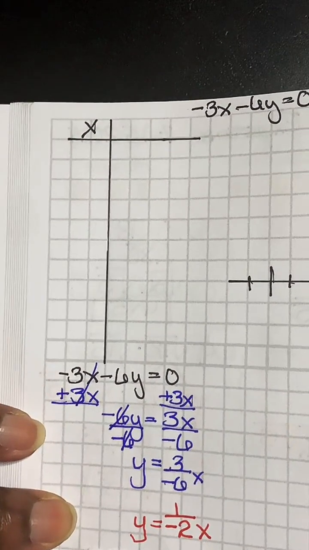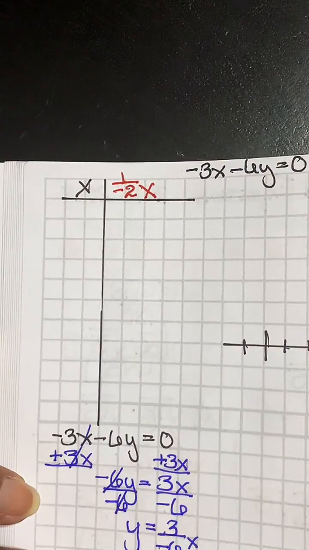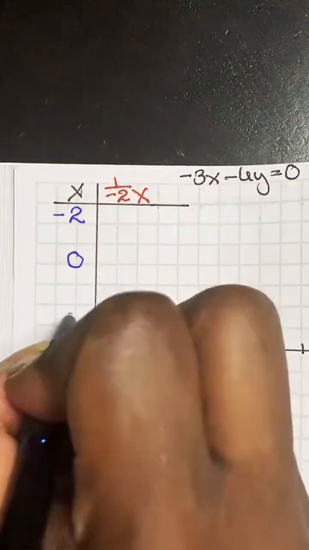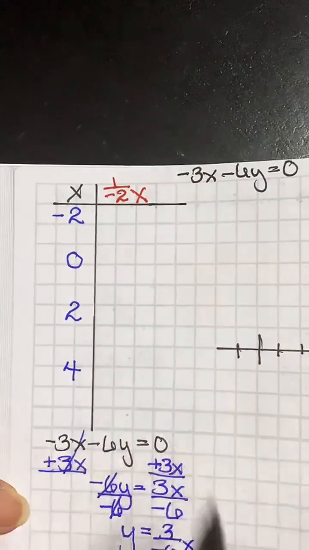You don't like them. So I'm going to plug in my 1 over negative 2x, because I'm going to put some input. I'm thinking we can do a negative 2, I can do a 0, I can do 2, and I can do 4.